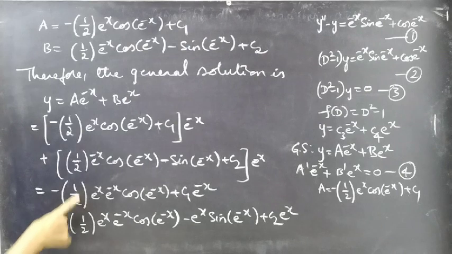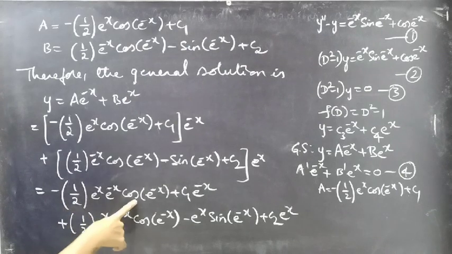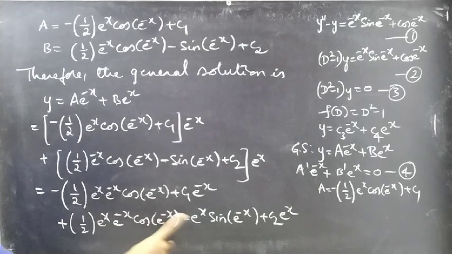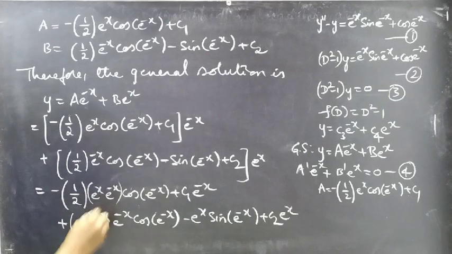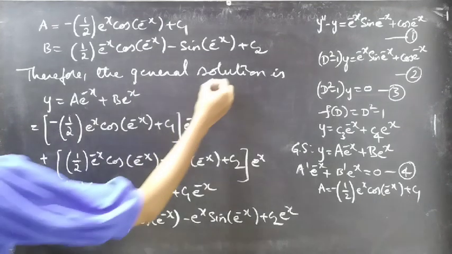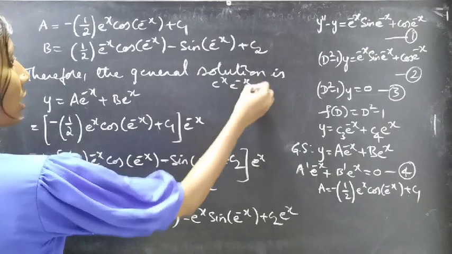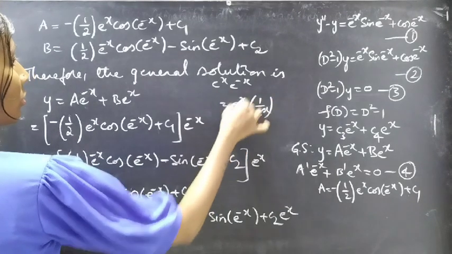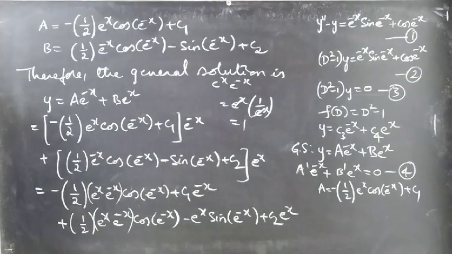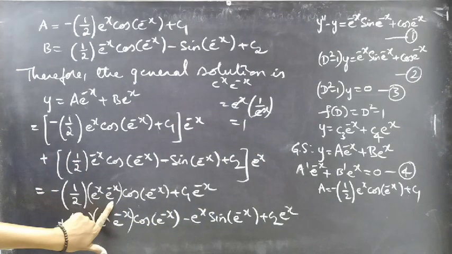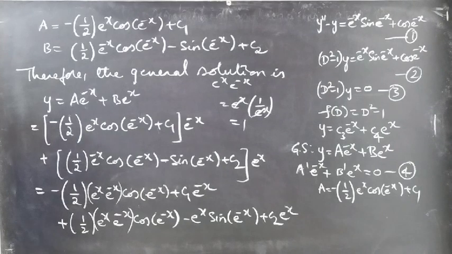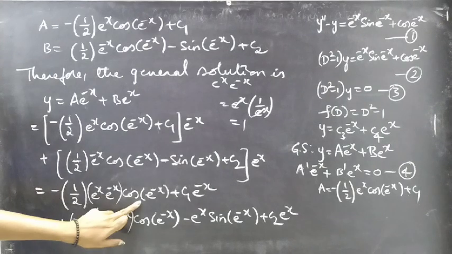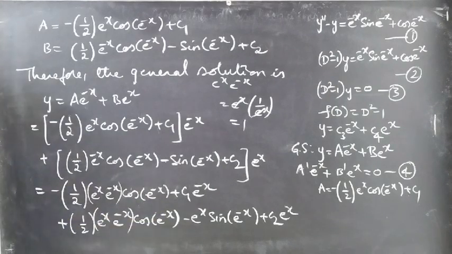See here, minus 1 by 2 e power x minus x cos e power minus x and plus 1 by 2 e power x minus x cos e power minus x get cancelled, or you can write e power x into e power minus x as 1. You can just replace e power x into e power minus x by 1 and you can cancel the terms involved in cos e power minus x later.